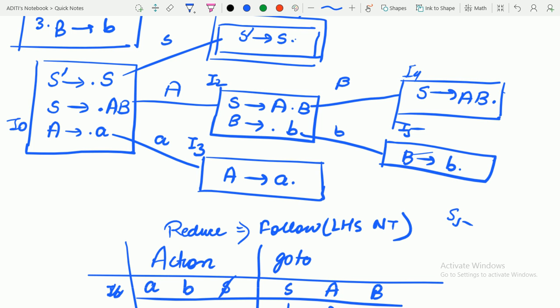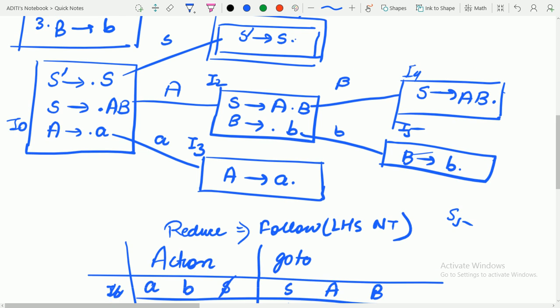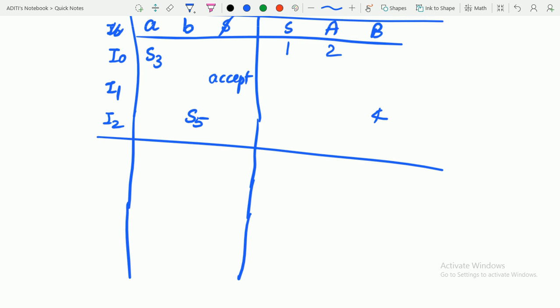I2 on small b is S5, and I2 on capital B goes to 4, so 4 is written here. Now 3 more states are there: I3, I4 and I5.